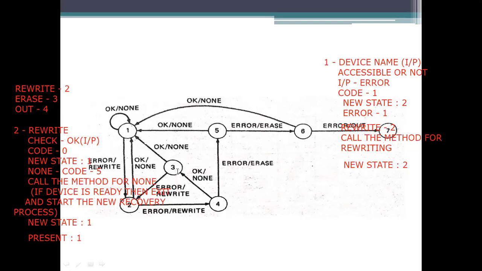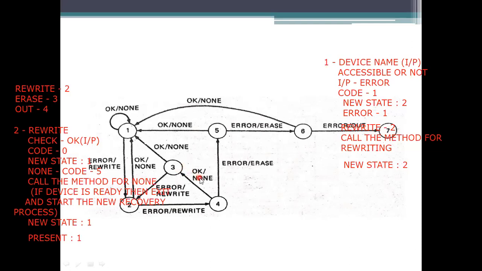And we are not blindly specifying it as a recovered one. We didn't mention a path from 4 to 1. Why? Because once a rewrite has been done, we need to recheck whether it is okay or not, whether it is allowing access to the data or not. This will be achieved at this node, that is 3.